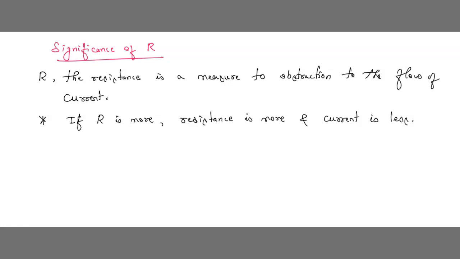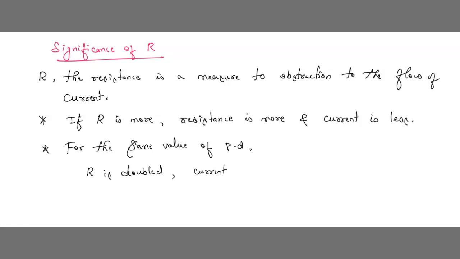Understood? Now for the next point, for the same value of potential difference, if R is doubled, then what happens to current?